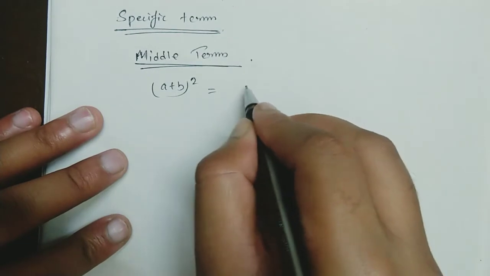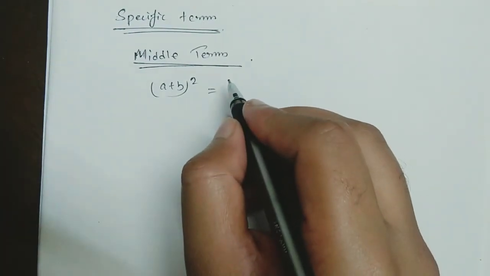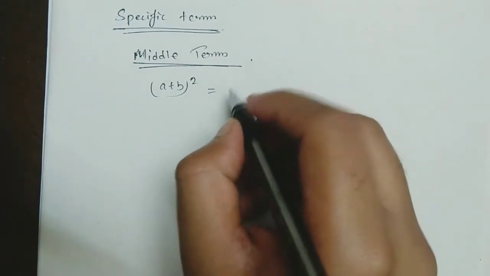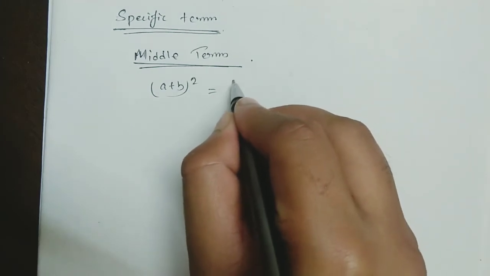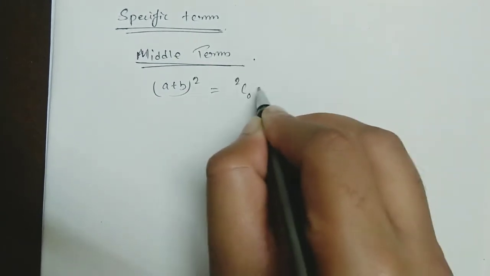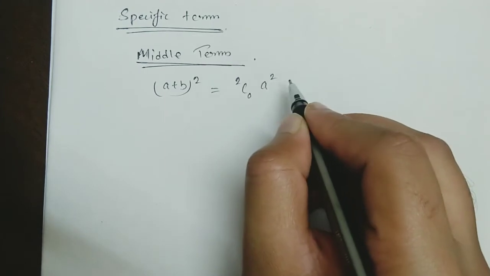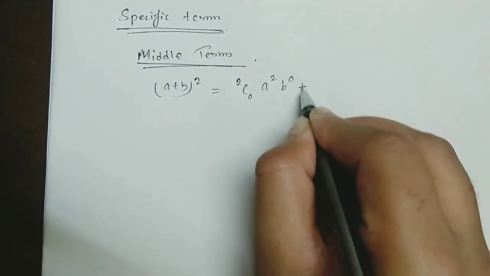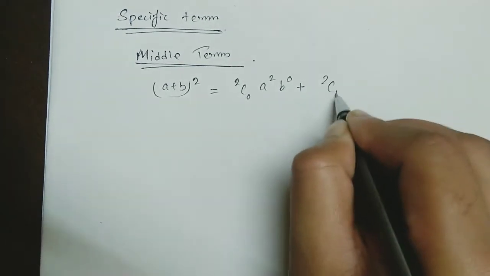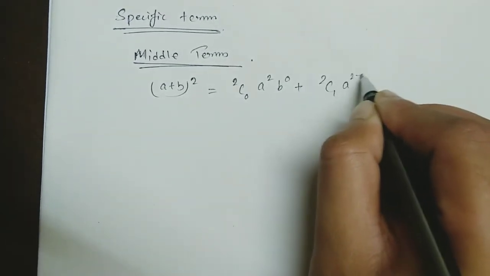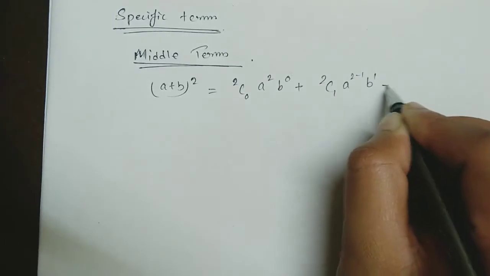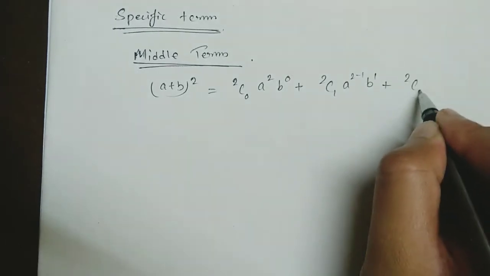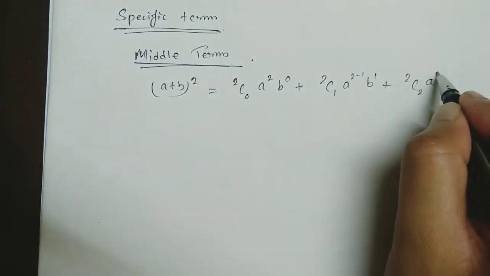If I expand this, let's write it in the form of the binomial theorem, and it will be 2c0 a square b to the power 0 plus 2c1 a^(2 minus 1) b1 plus 2c2 a^(2 minus 2).